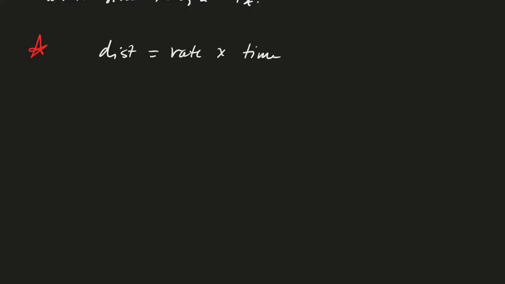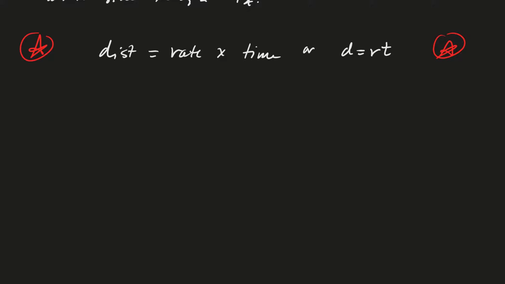Right? So for example, if we're going 60 miles an hour for 2 hours, we have gone a distance of 120 miles, right? Okay, so this is a formula that is kind of assumed that we know in the next problem.